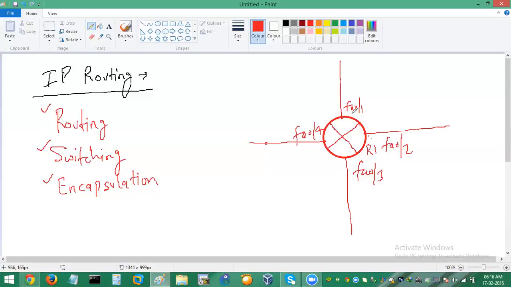So different subnets basically. So here, if I'm using, let's say, 10.1.1.0/24, and this interface FA0/2 is connected to 20.1.1.0/24. FA0/3 is connected to 30.1.1.0/24. This FA0/4 is connected to 40.1.1.0/24.